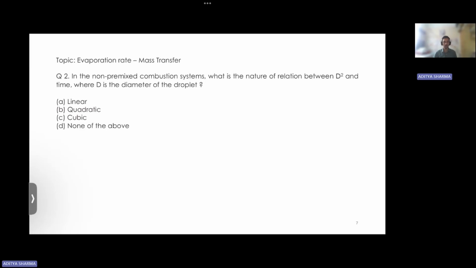The question says that in non-premixed combustion systems, non-premixed being diffusion-based combustion systems, what is the nature of the relation between d square and time, where d is the diameter of the droplet?